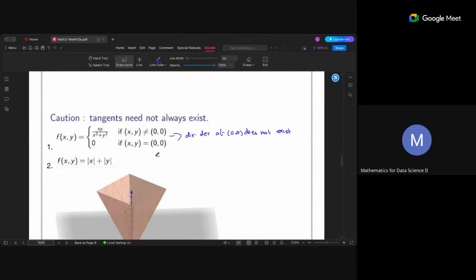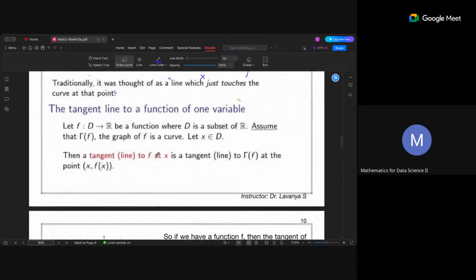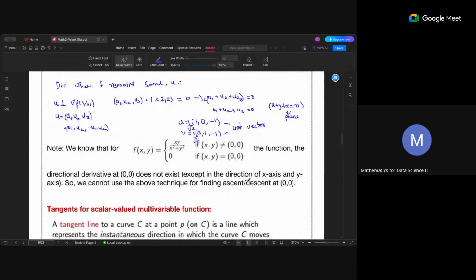But remember there is a small catch here, except in the direction of x-axis and y-axis. When you do the limit, you will understand this. Why, what happens in the direction of x-axis? From the term itself, you will understand. Go through the lecture again, understand this example well. Okay.